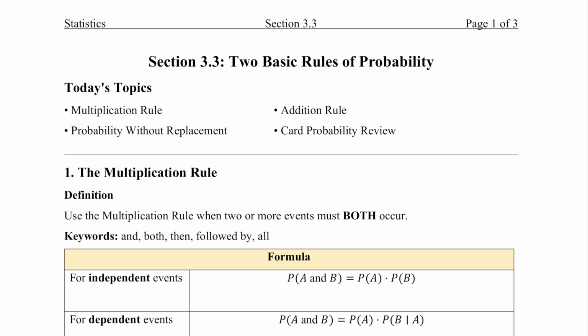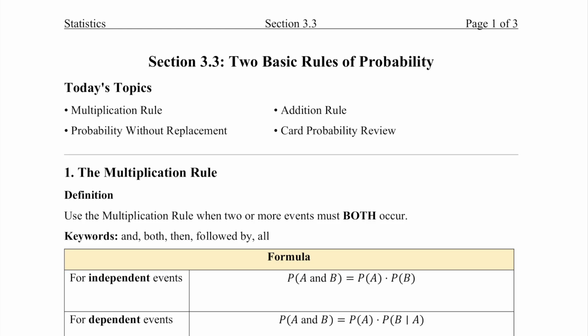Drawing only the king isn't enough. Drawing only the queen isn't enough. Both events must occur. Because both events are required, we will use the multiplication rule. That's the big idea behind today's lesson. The multiplication rule helps us calculate the probability that multiple events occur together.